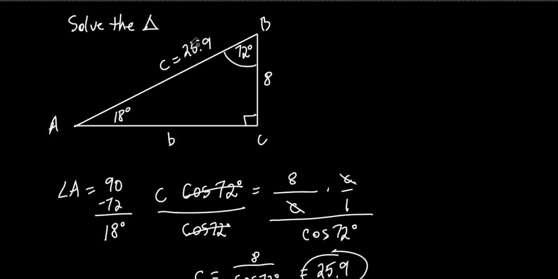I could use the Pythagorean theorem if I wanted to, or I could use opposite over adjacent. So you could use the tangent of 72 is equal to opposite over adjacent, then solve for B, and then that's what this is going to be right there. Okay? We'll finish this up tomorrow.